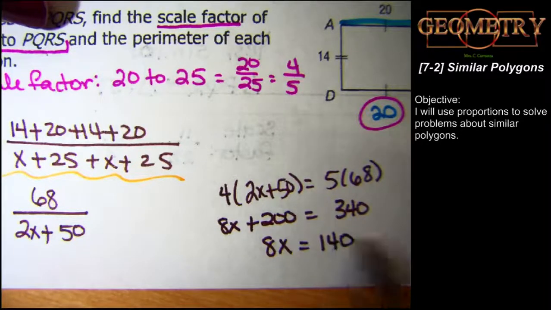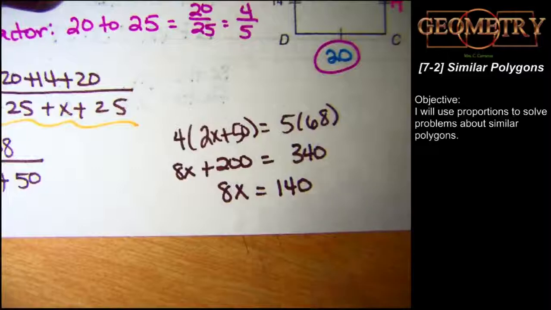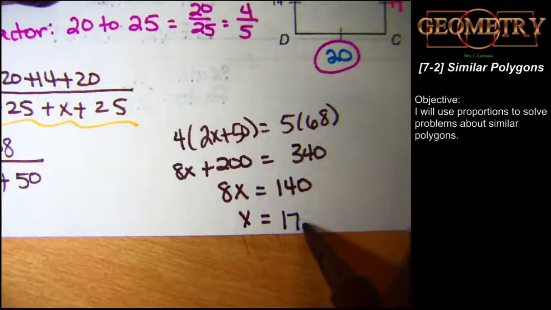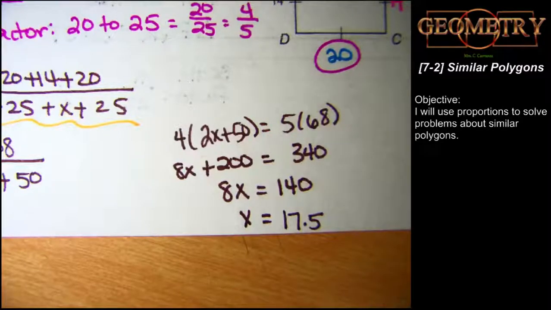Subtracting 200, and then dividing by 8. 17.5. Said with a slight question in your voice because you're like, oh my god, it's a decimal. Okay, it's a decimal.